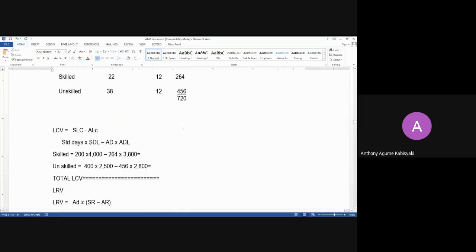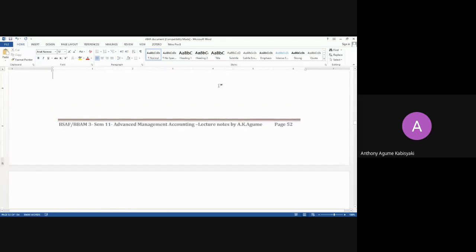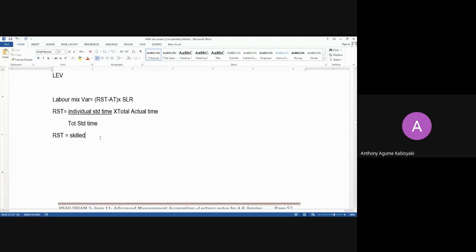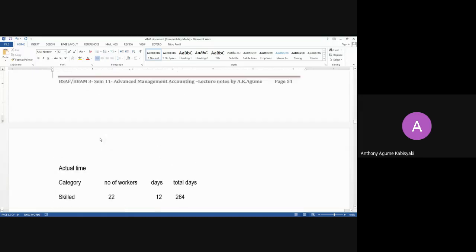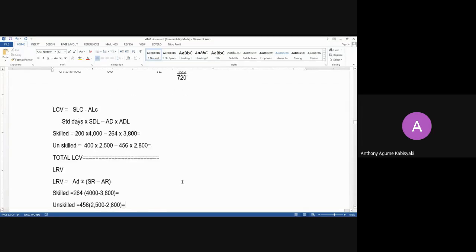So it's going to be 200 divided by 600, then I multiply by the total actual time. I think the total actual time was 720, so this plus this gives me 720.